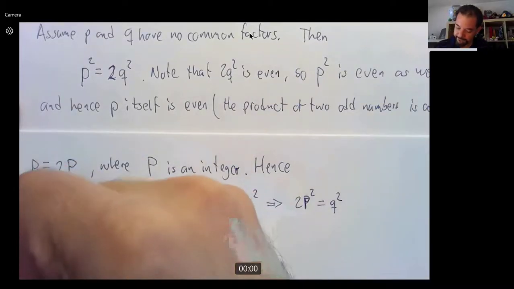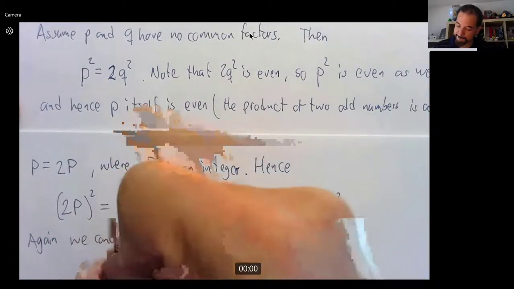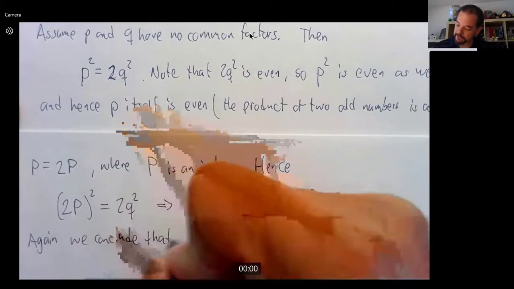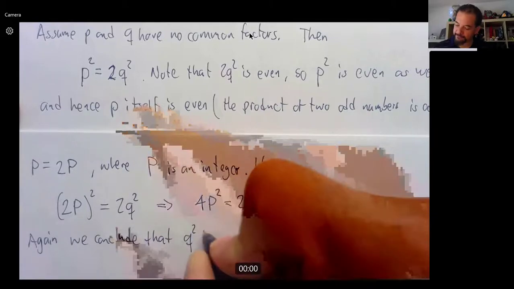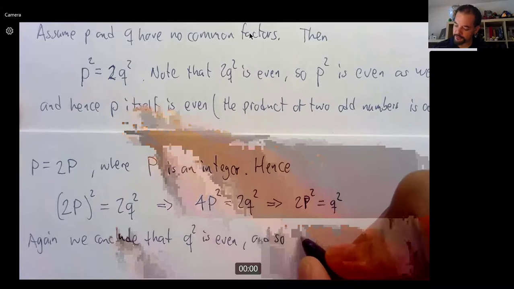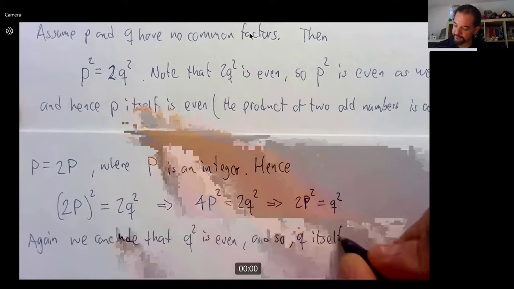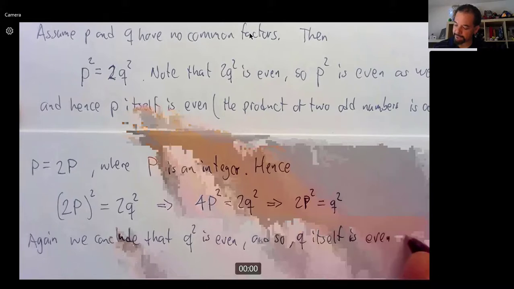Again, we conclude that q squared is even, and so q itself is even as well.